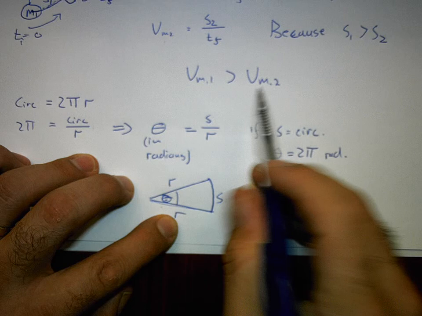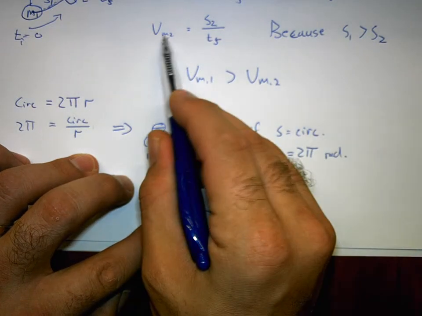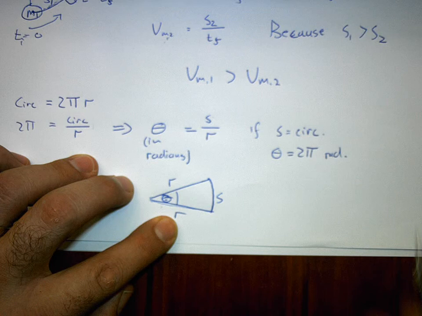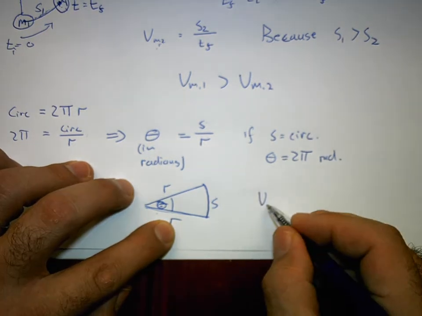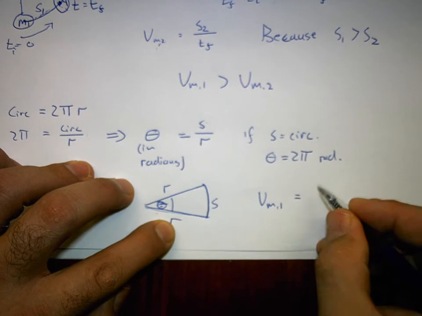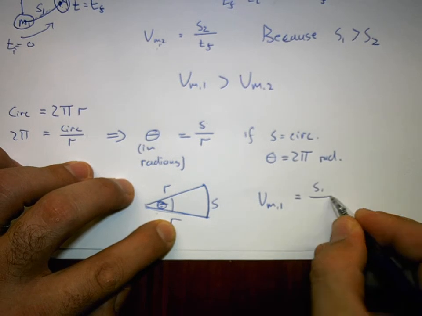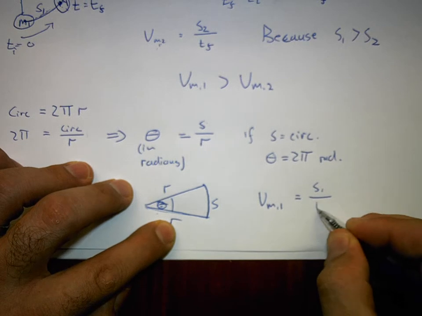So if we look at our speeds, I can, for example, write that the speed of mass 1, which we said is equal to arc length 1 divided by T final.